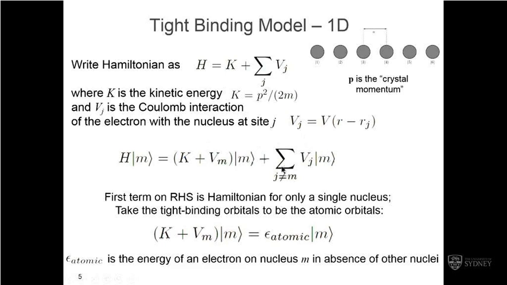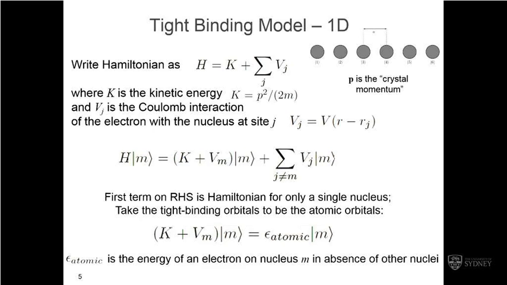And what we recognize is the first term here is just that corresponding to a single nucleus or single atom. So this term here is just for one atom, it doesn't feel the other atoms. This here describes the interaction of one atom with the other atoms.